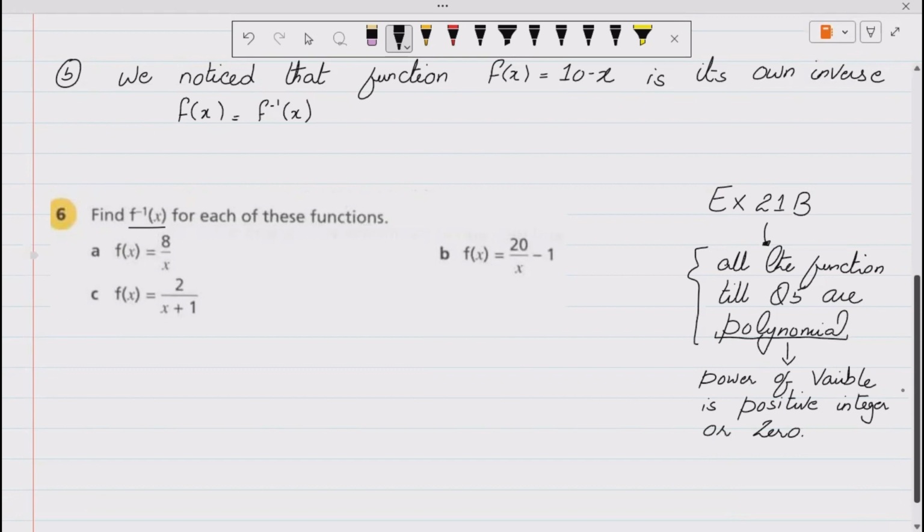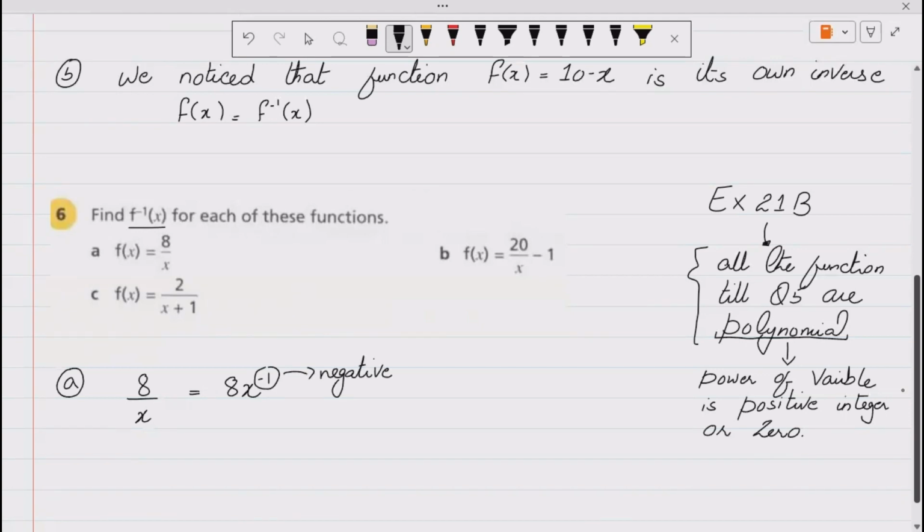Now in this question, you can see that in part A, we have 8 over x. Now x is in the denominator, and when this x goes upwards, you can write it as x with the power plus 1 becoming minus 1. So now the power is negative. It means this is not a polynomial.